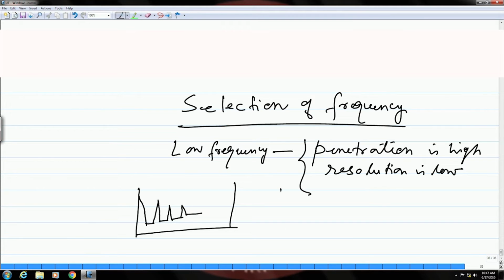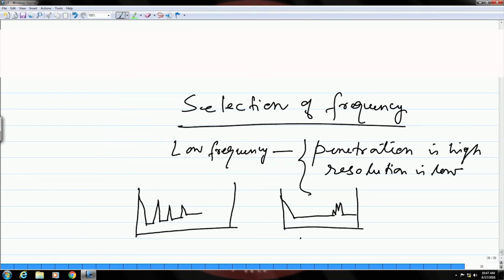But if you have two defects lying close to each other, then this may not be able to resolve it. Two defects which are very close to each other, the defect echo should come as two distinct peaks, but in this case this might appear like two peaks merged into one.